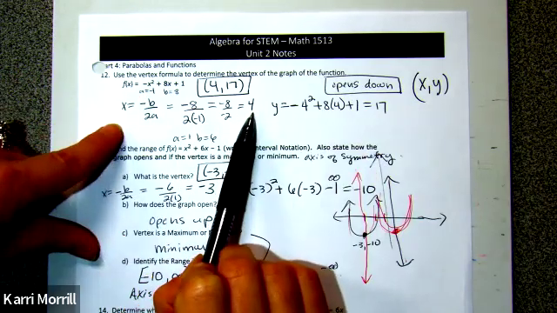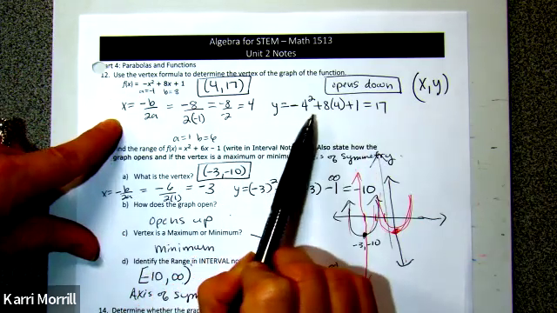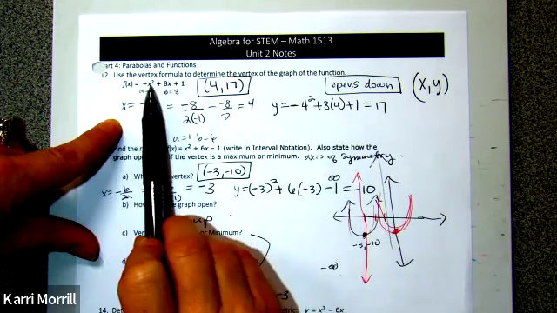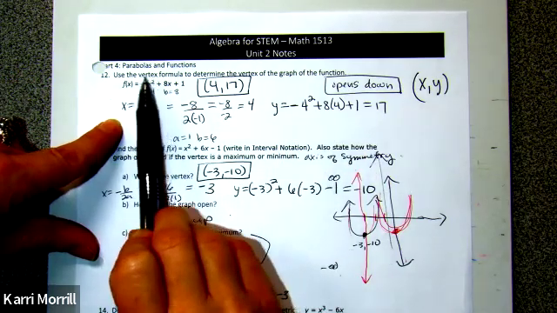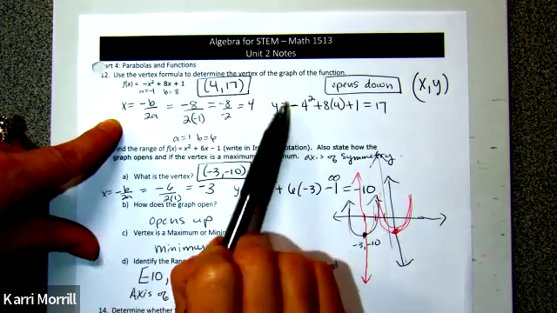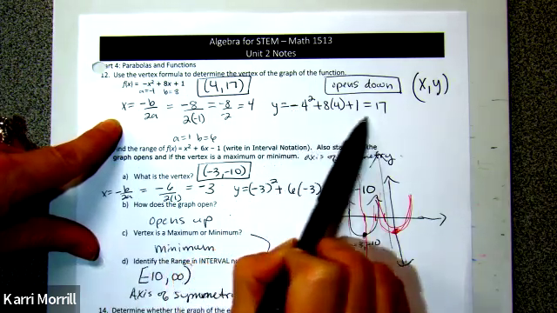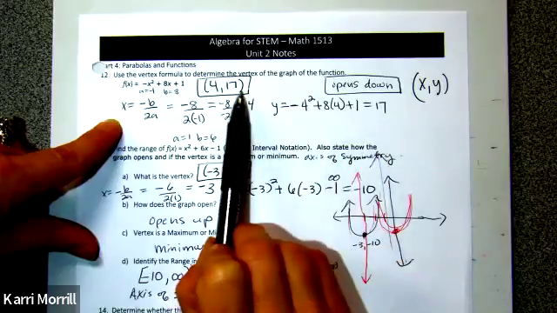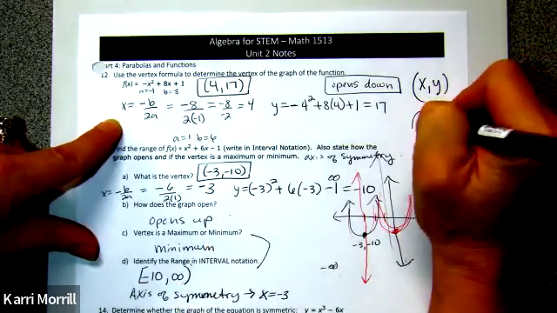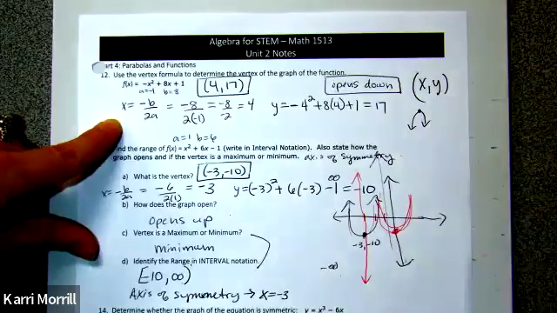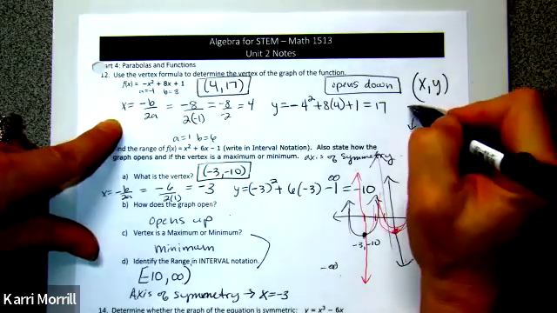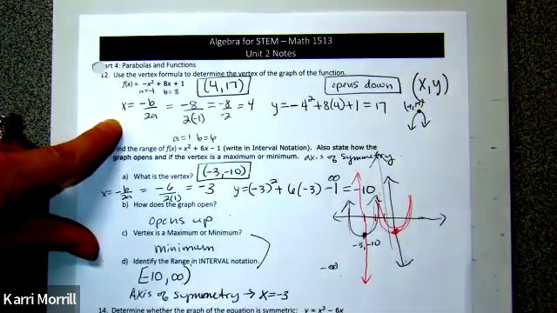So that's our x part. Then we just plug that in. This one's a little weird because no matter what x is, it's going to be negative. That's what they're telling us in this formula. So we're not taking the negative with it when we multiply. We would just type that in our calculator and get 17. So that's our vertex, and this point would be your (4, 17) on the graph.